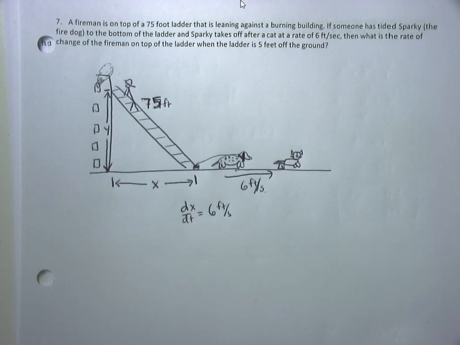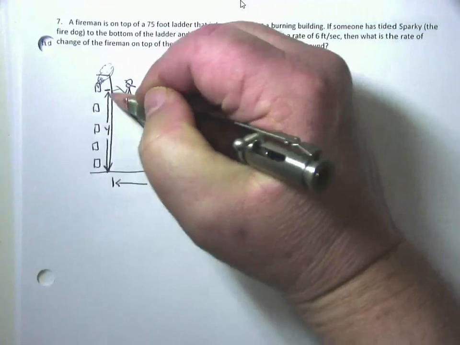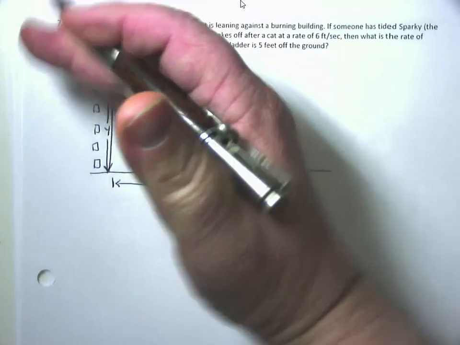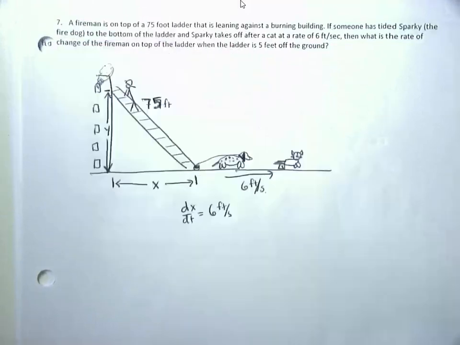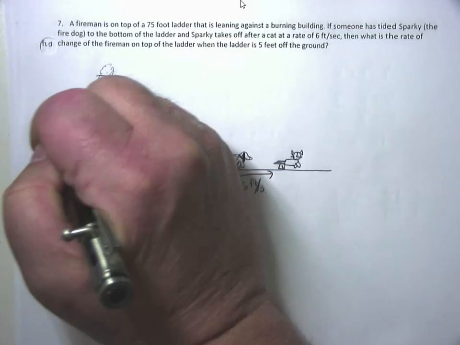Then, what is the rate of change of the fireman on top of the ladder when the ladder is 5 feet off the ground? Here is the top of the ladder, measured by y, that would be the distance. And it's going to be changing because as you kick the bottom of the ladder out, the top of the ladder is going to change, right? And what derivative are we going to call that, being it's a rate of change that we're looking for? Very good. We're going to be looking for dy over dt.